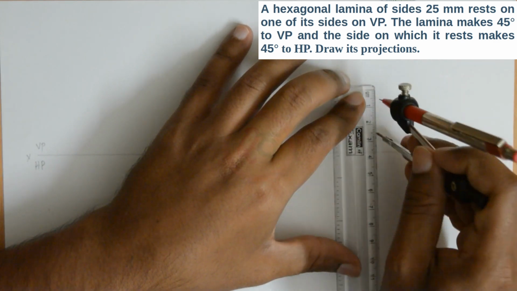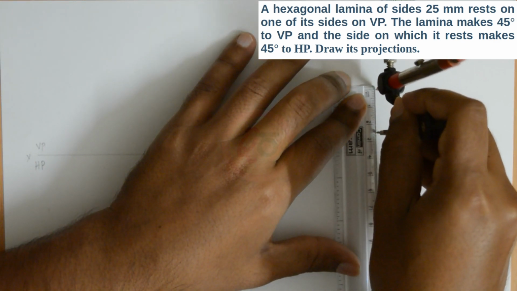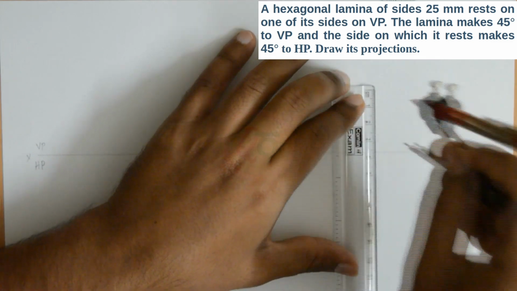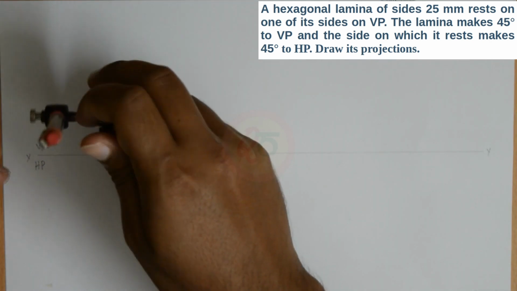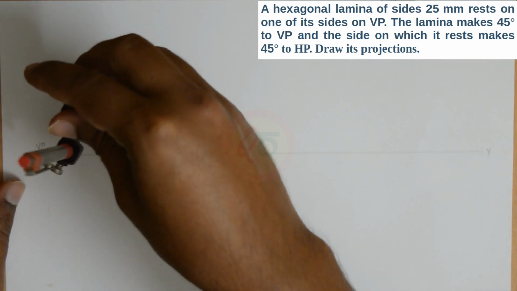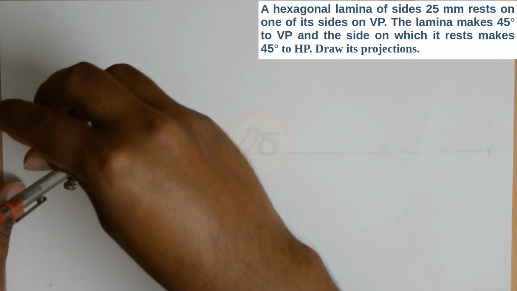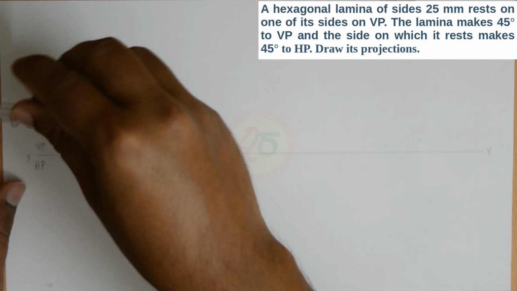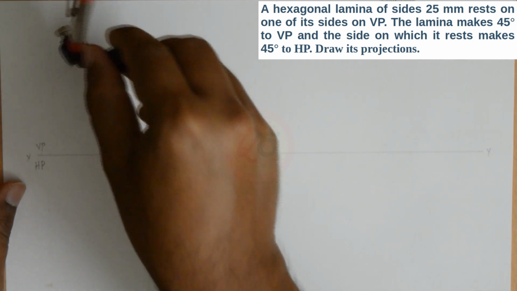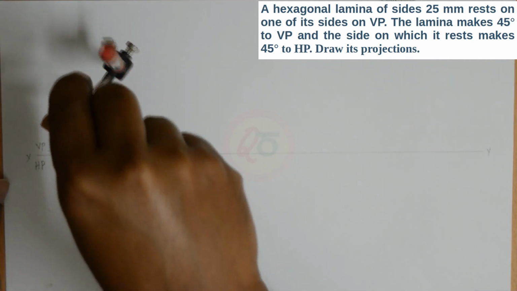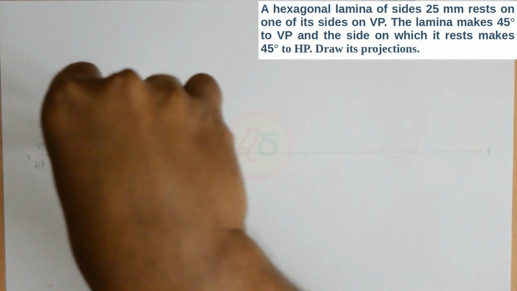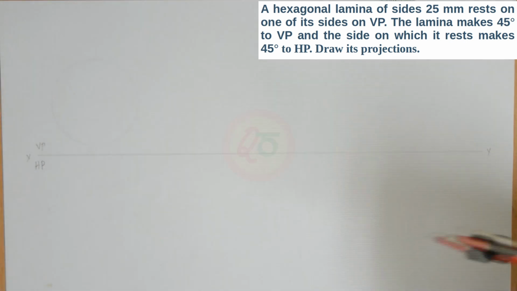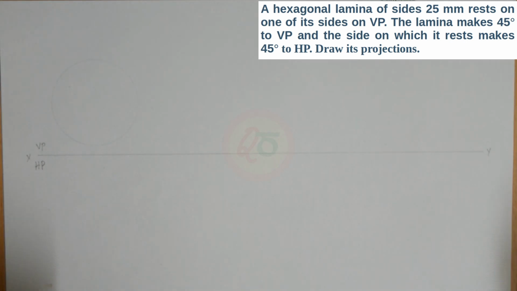I'll measure 25 mm with my compass, and draw a circle very lightly, a circle of 25 mm radius, using a 2H pencil or an HB pencil very lightly in the VP space, since it is a side resting condition in VP.